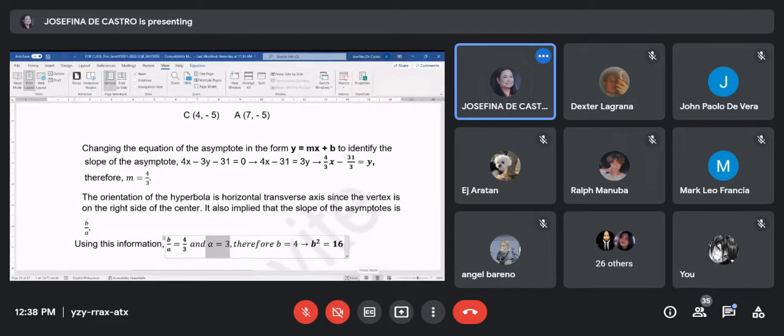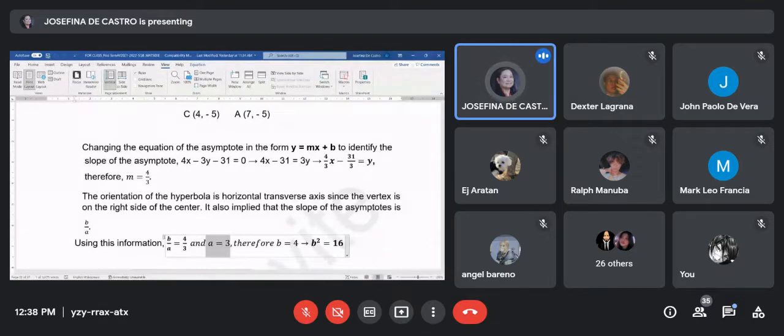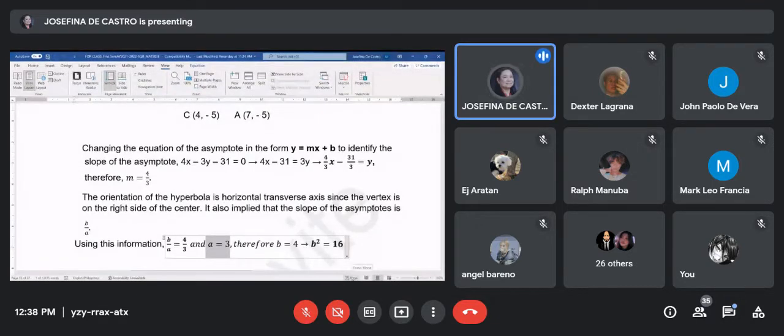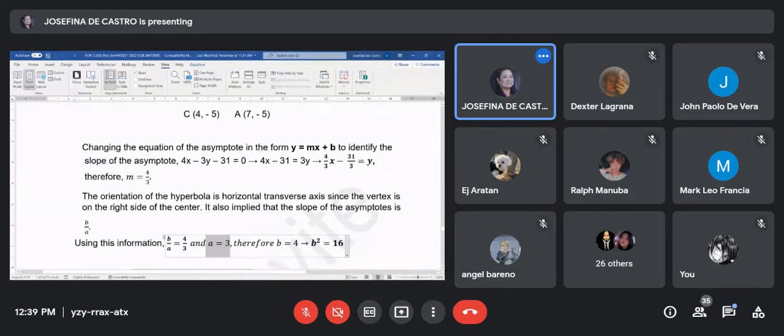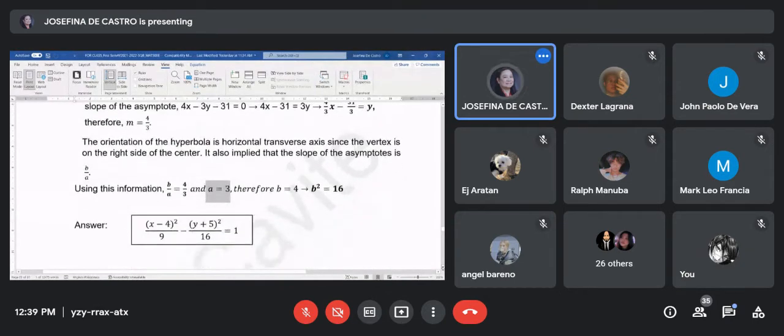Hindi ka basta-basta sasabihin na kung ang slope niya ay 2/5, automatic na B is equal to 2 and A is equal to 5. Hindi, kasi baka galing siya sa reduced form lang.